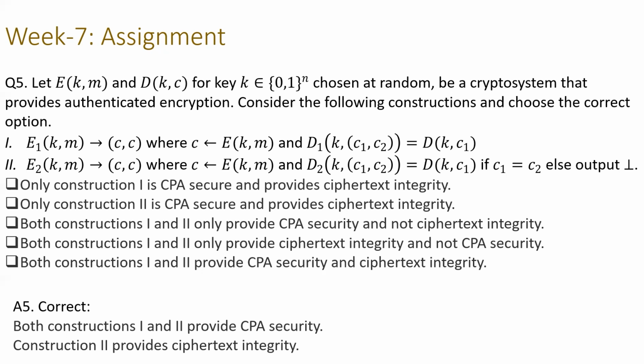In the modified scheme also, the adversary cannot come up with some C dash, which is different from any of the ciphertexts already visited by the adversary, which will give some meaningful message M. That was my argument: if the underlying scheme ensures ciphertext integrity, then by seeing some legitimate ciphertext, the adversary will not be able to come up with some other legitimate ciphertext.